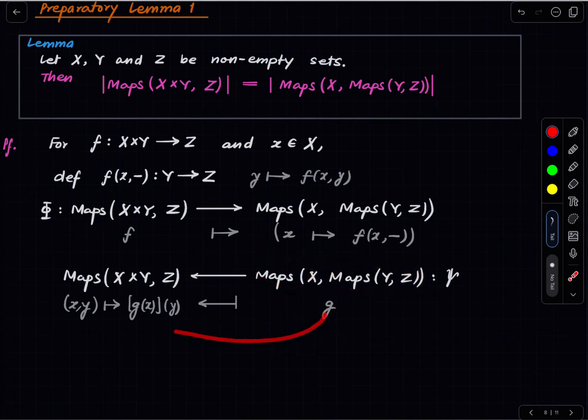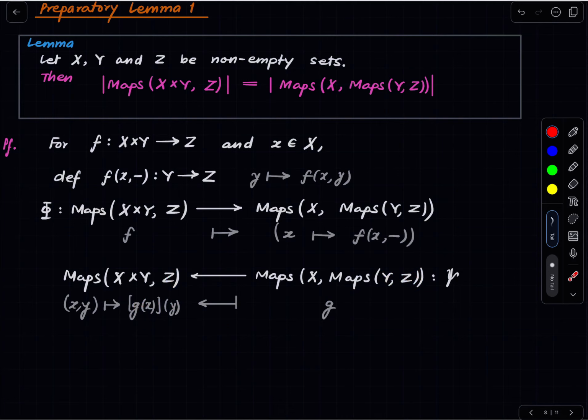We map G to a map from x cross y to z which consumes an ordered pair. So little x is from here, little y is from there, and outputs an element of z. How? First you get gx. Gx is a function from y to z. So if you feed y to it, you get an element of z.